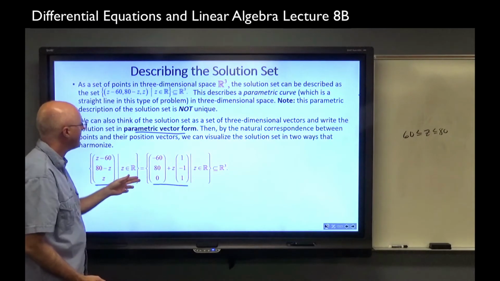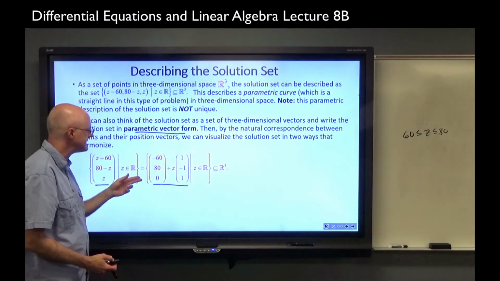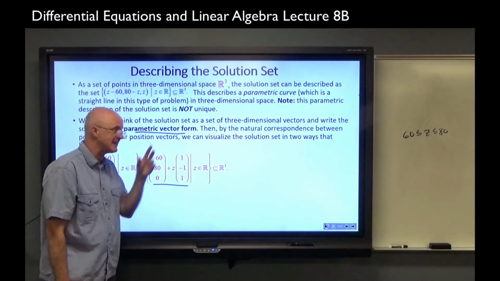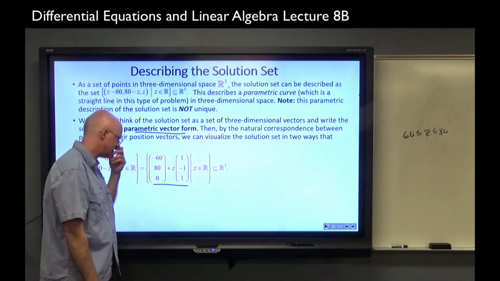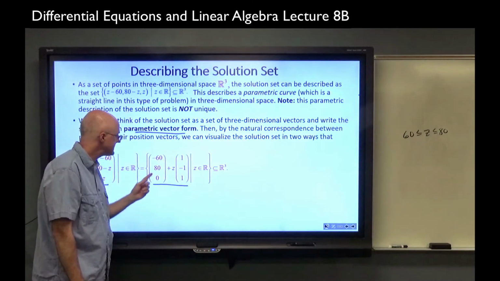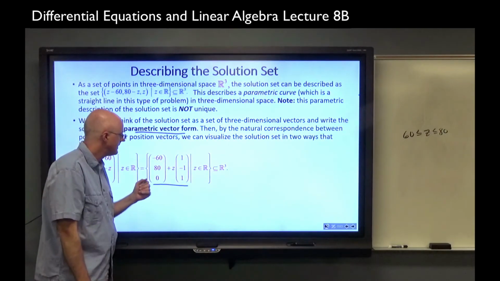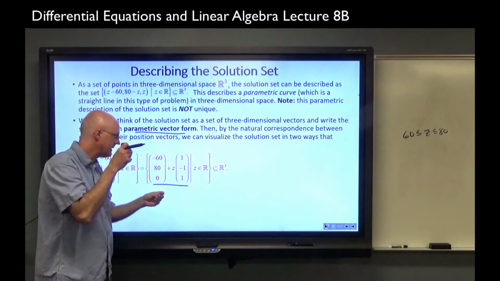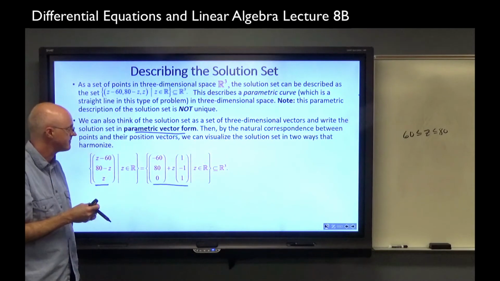Writing it in this way has the benefit that it helps you graph it the easiest. Effectively, we're going to graph it as a set of points, but these vectors help you figure out what that set of points is. Essentially, this vector, negative 60, 80, 0, which is constant, so to speak, is such that if you draw the tail of the vector at the origin, its tip will be on the line that is the set of points that solve the system.